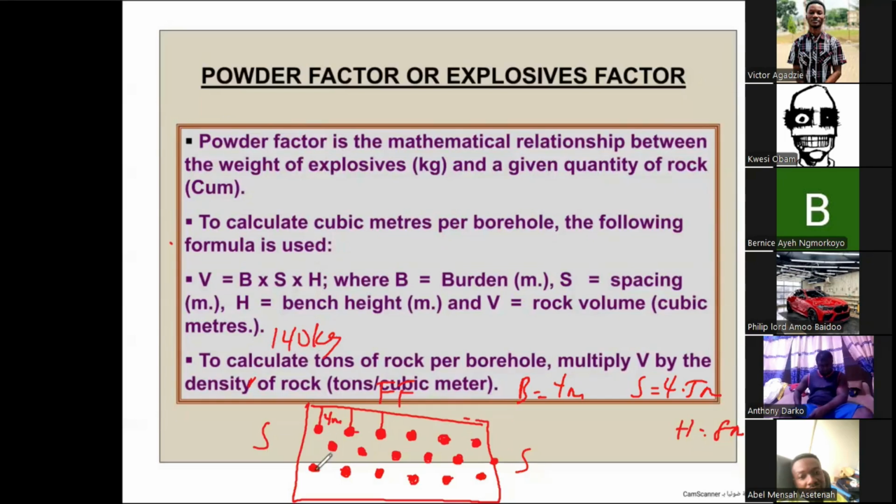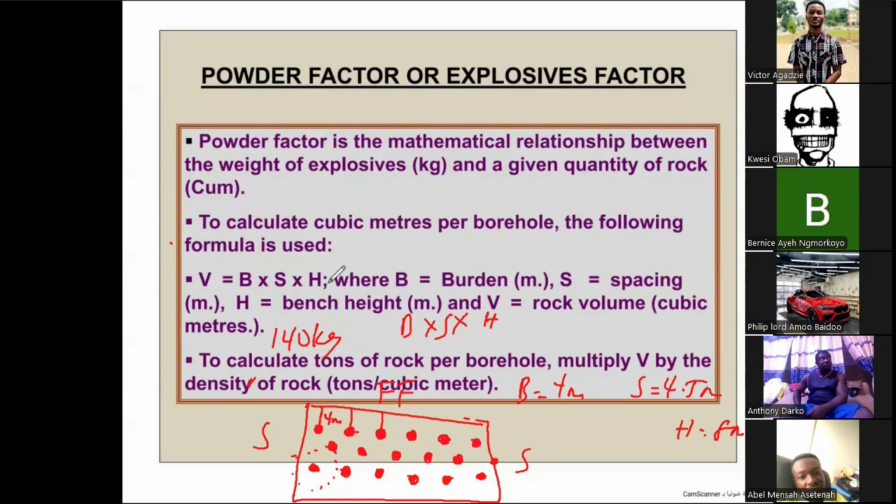So 140 divided by the bedding, which is 4 meters, times the spacing, times the bench height. You realize that for the plan view, you get something like this. Then you draw the sectional view. I don't know how to draw this one.